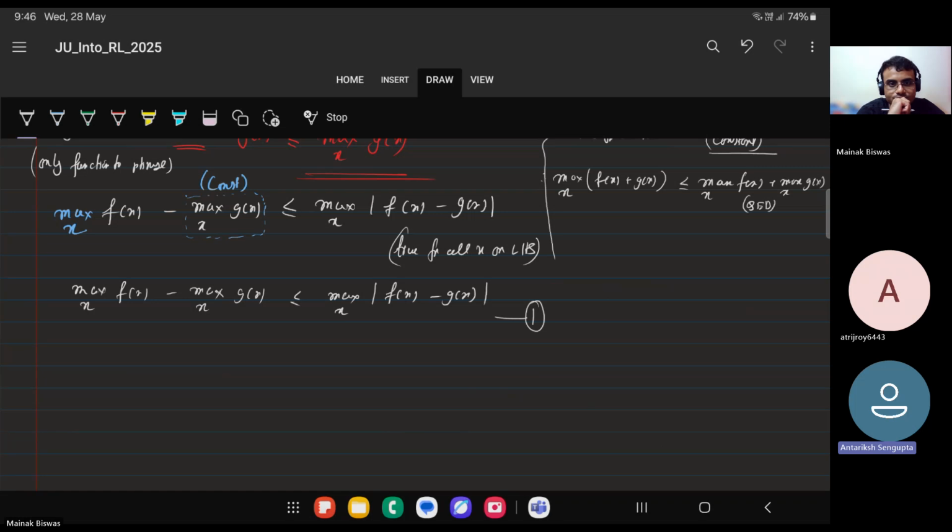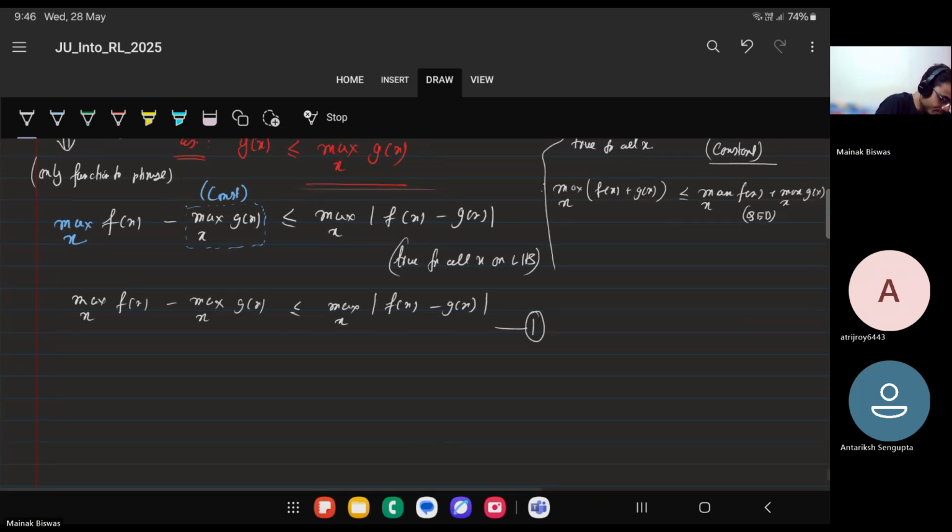Triangle inequality? No. See, this is very easy to get the absolute value. This is just a one-liner. Say I just interchange f and g. I can do that, because these are at the end of the day some placeholder functions. I can always rename them, right?